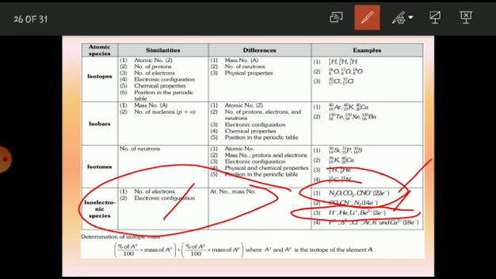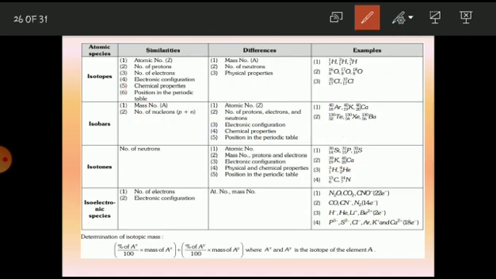So their number of electrons are same. Here H minus is having 2 electrons, helium is having 2 electrons, lithium plus is having 2 electrons, and beryllium plus 2 is having 2 electrons. So all these species are having the same electrons, and therefore if the number of electrons are same, then it is called an isoelectronic species.